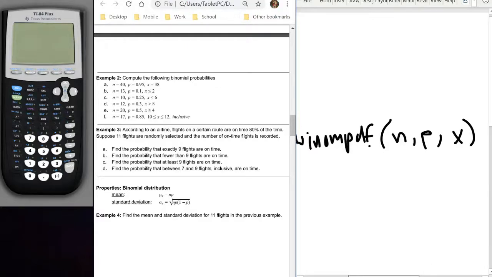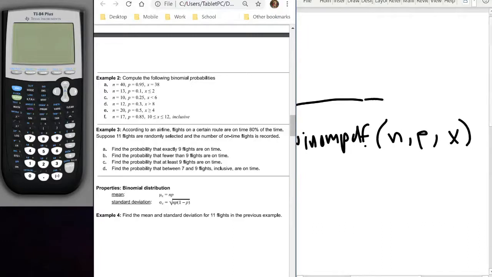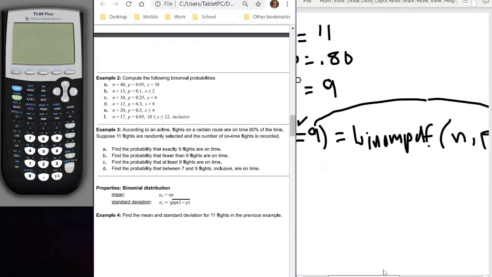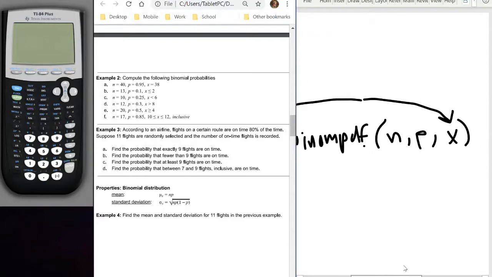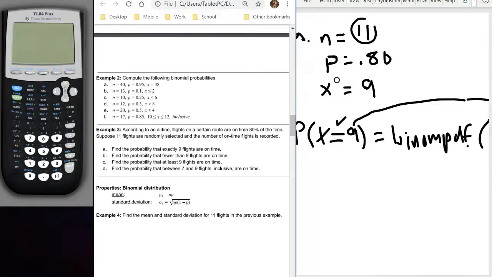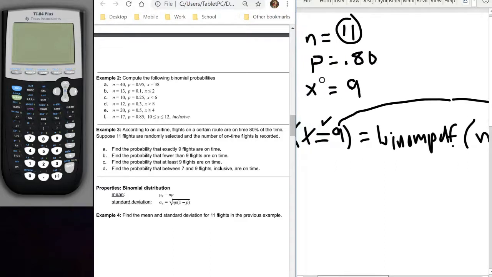When it comes to this number right here, we're going to translate it all the way over here. If you have the correct setup where you have equal or less than or equal to, that 9 will translate over to that x right there. For n, notice we have 11. And for p we have 80% probability of success.